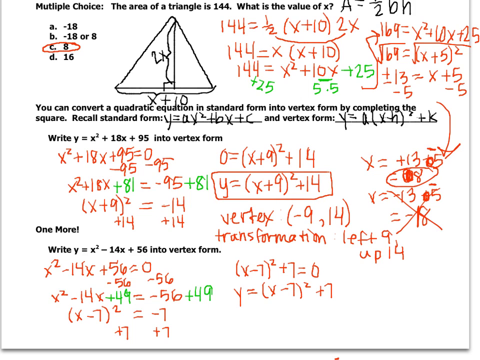So here's my vertex form. It's minus h and plus k. It says minus 7, so I just plugged a 7 in for h, and then positive 7 in for k.